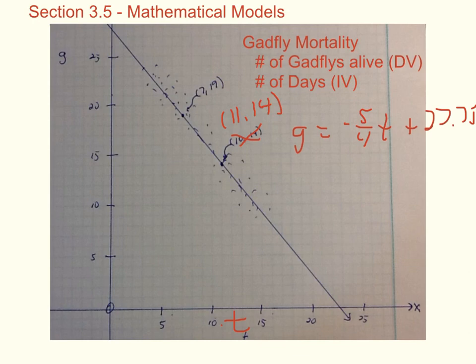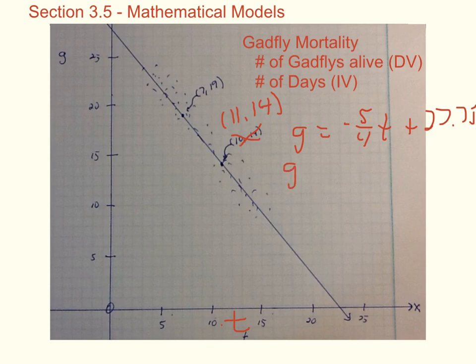So if you asked, at day 15, how many gadflies would there be? Well, we could look at the chart. We could say, okay, here it is, day 15. It looks like we should expect to see about 9 gadflies. But we could also do this mathematically.